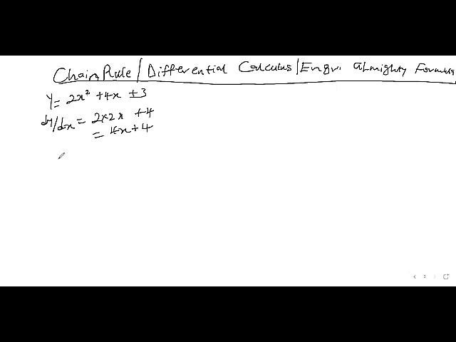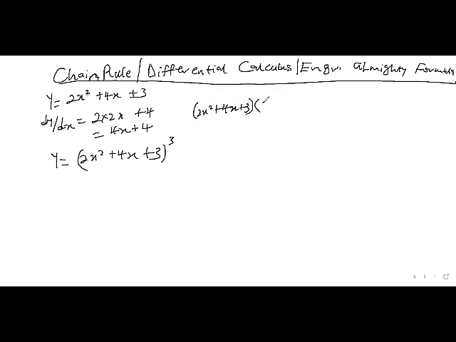So what if this guy was not just like this? What if this guy had a power? Now we cannot just go ahead and differentiate inside, because now there's a power that affects everything here. So two ways we can do this. We can either use chain rule or we just simply open this bracket.